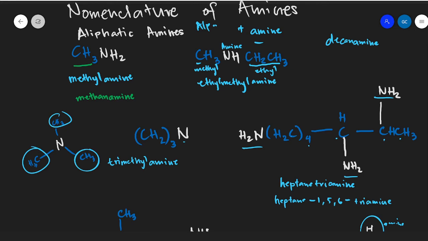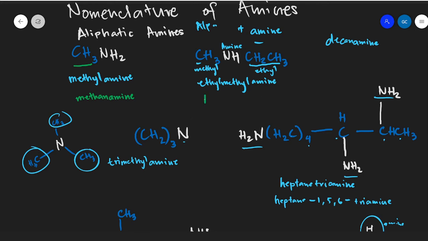Then, meron lang tayong ibang system kung paano natin isasabihin na yung methyl na yun ay naka-attach sa nitrogen atom natin. So, bigyan ko muna kayo ng example.